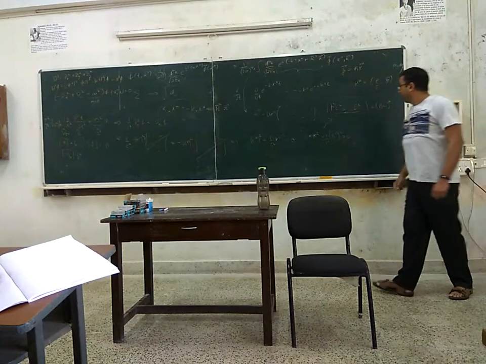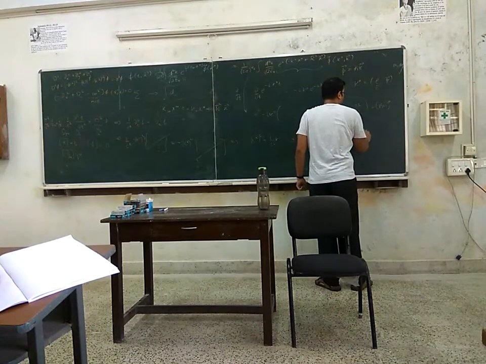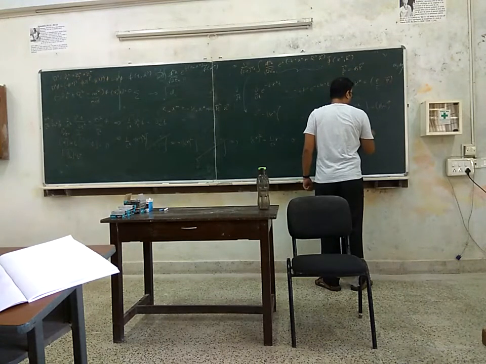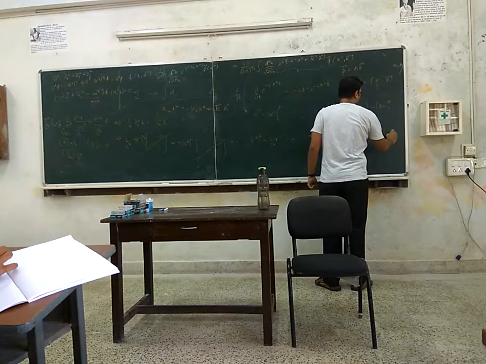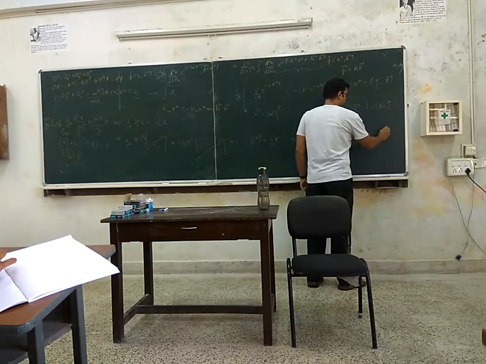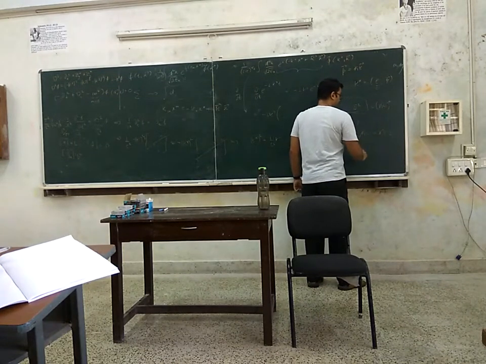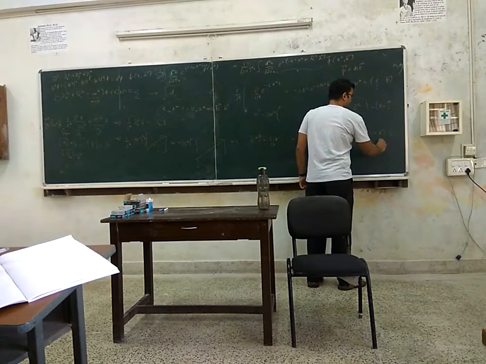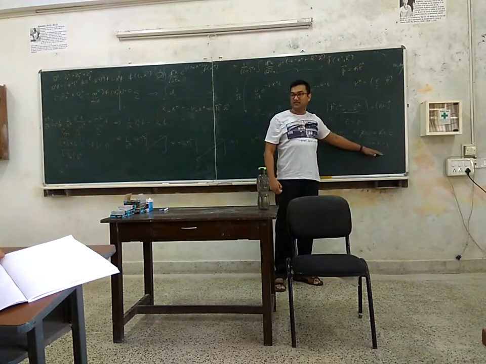So you can also write this as E is equal to Pc, which is the same as h bar omega is equal to, P is equal to h bar k, times c. And you get omega is equal to kc. Right? Does this make sense? Omega is equal to kc.